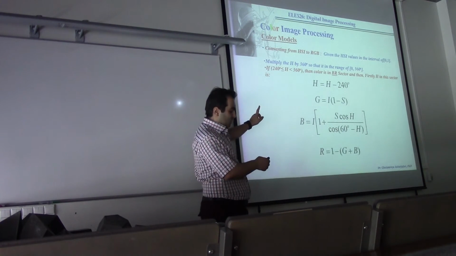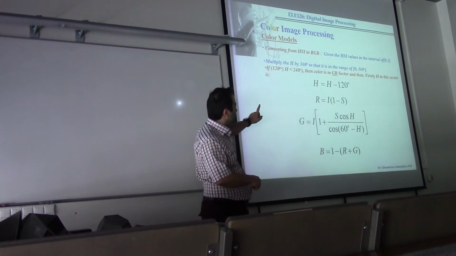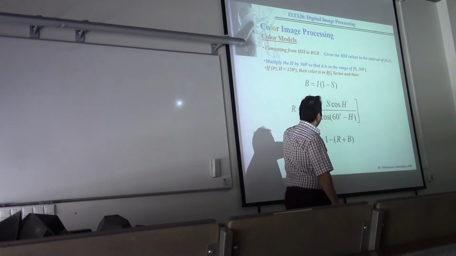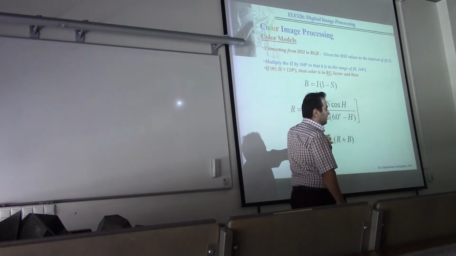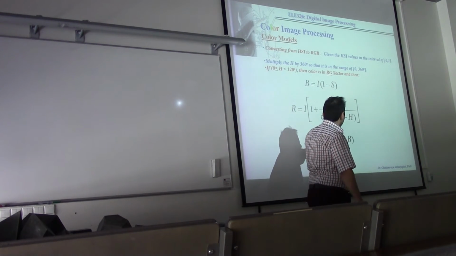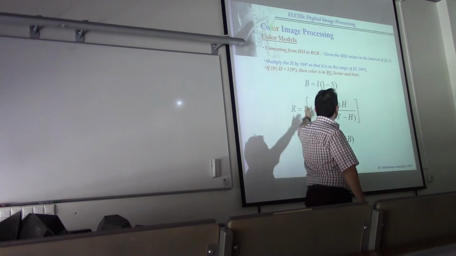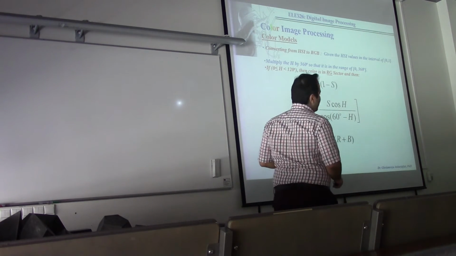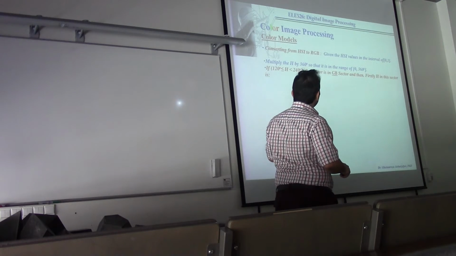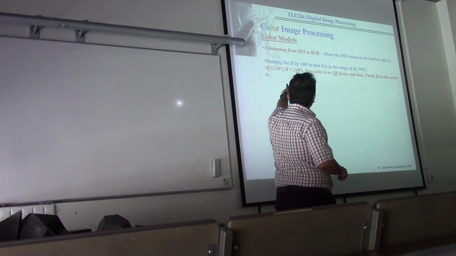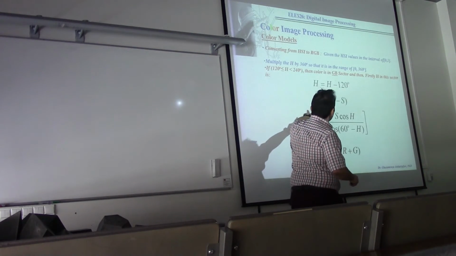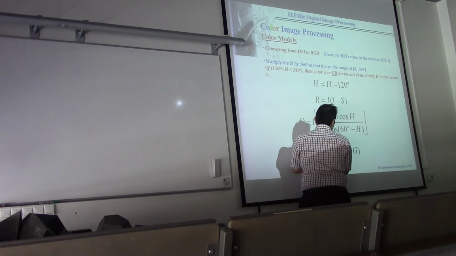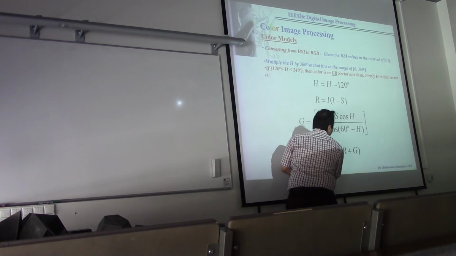And also you have to notice that here, to find the green we use this equation, 1 minus R plus B, and for the value of the B we use this. But when the value of the hue is between 120 degrees and 240 degrees, instead of the green by that equation, we have to find the blue by this equation.